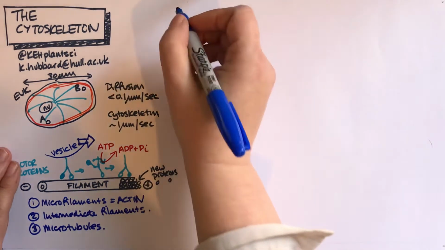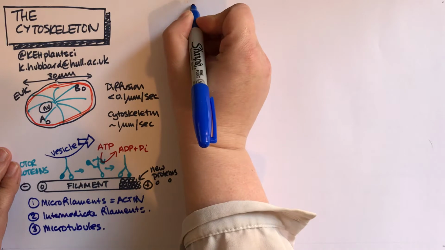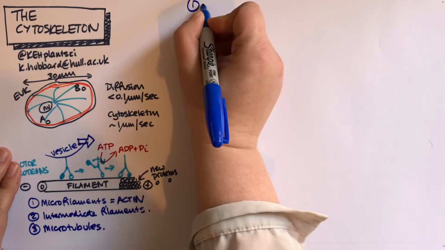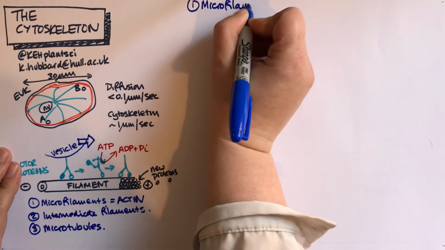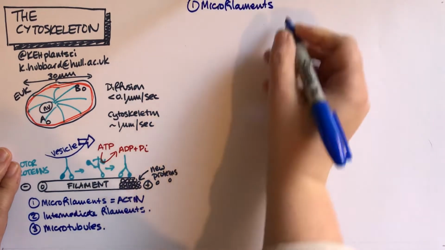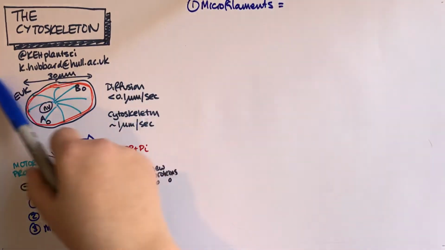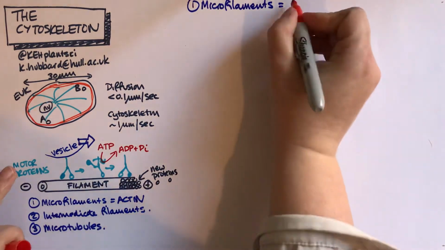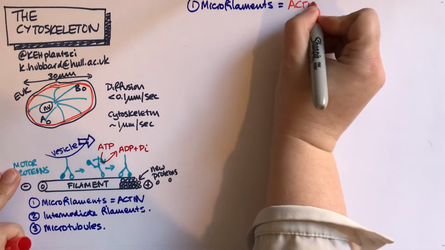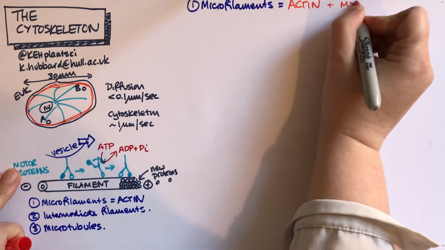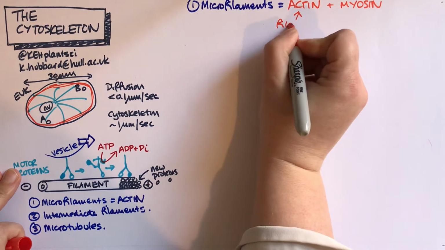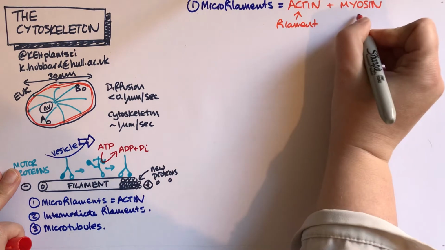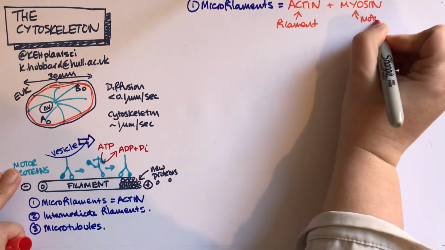Okay? So our first system is the microfilaments. And these are based on actin and myosin. So in this case, actin is the filament and myosin is the motor.